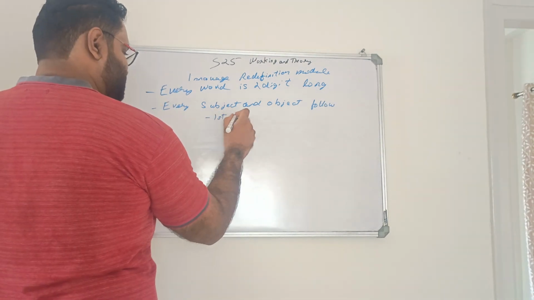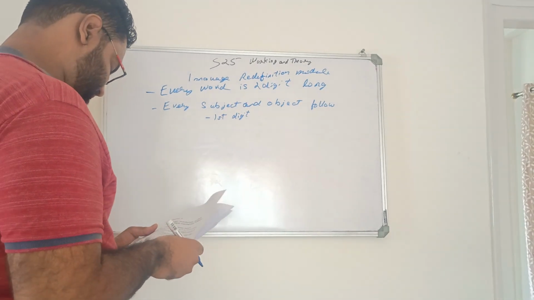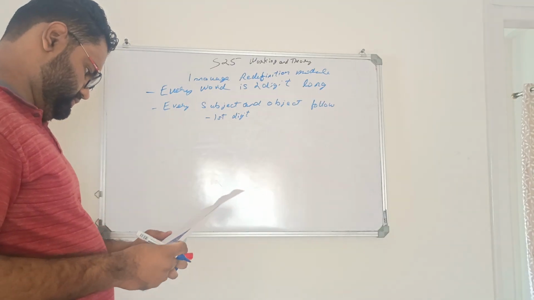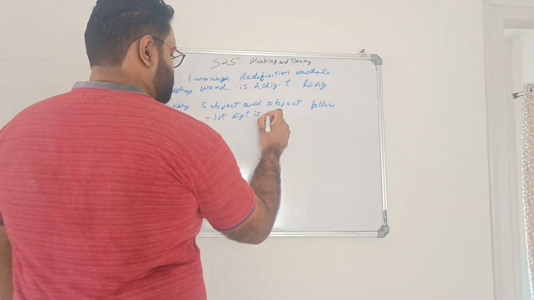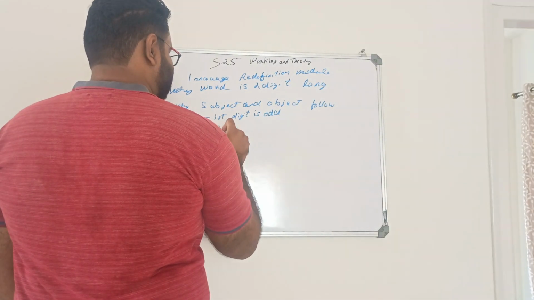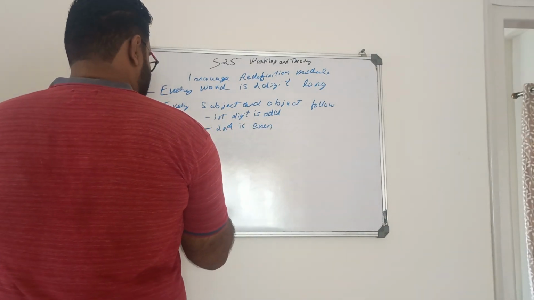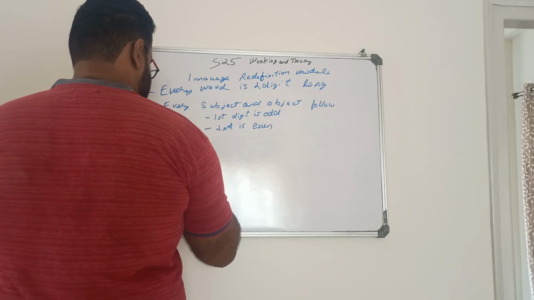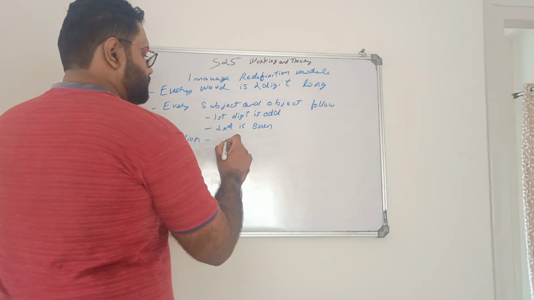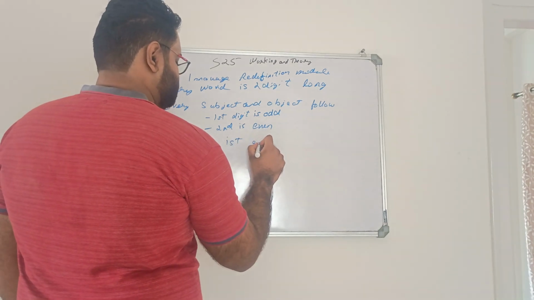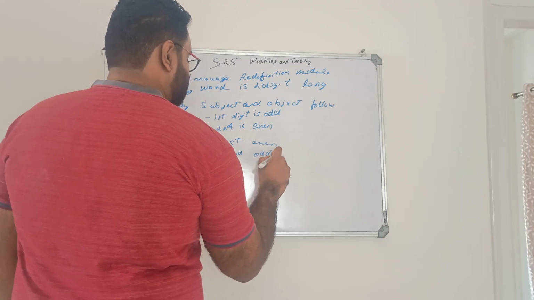So first let me just look at what I have done. Okay, so first digit is always odd, and second is even. For action, first is even, second is odd, and rest are redundant.